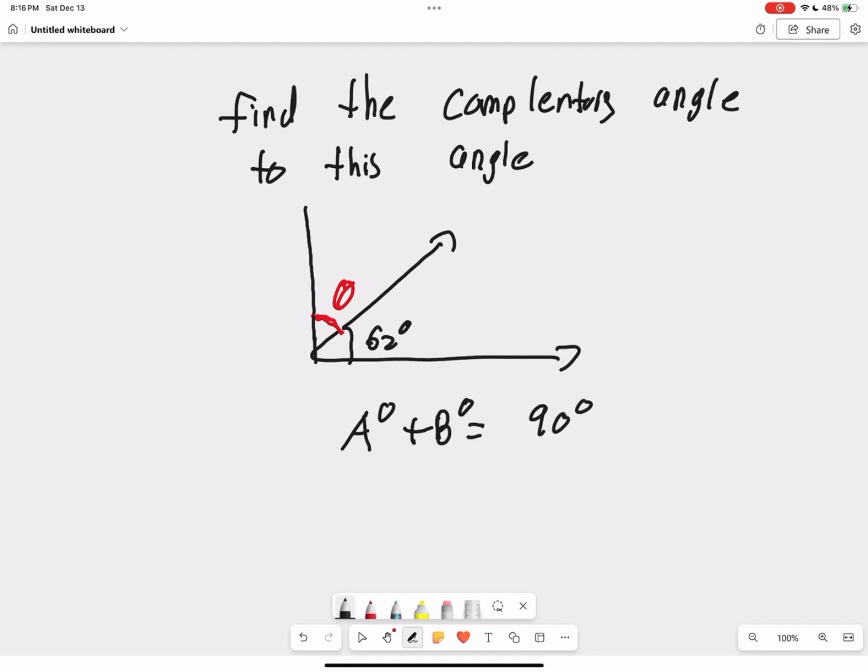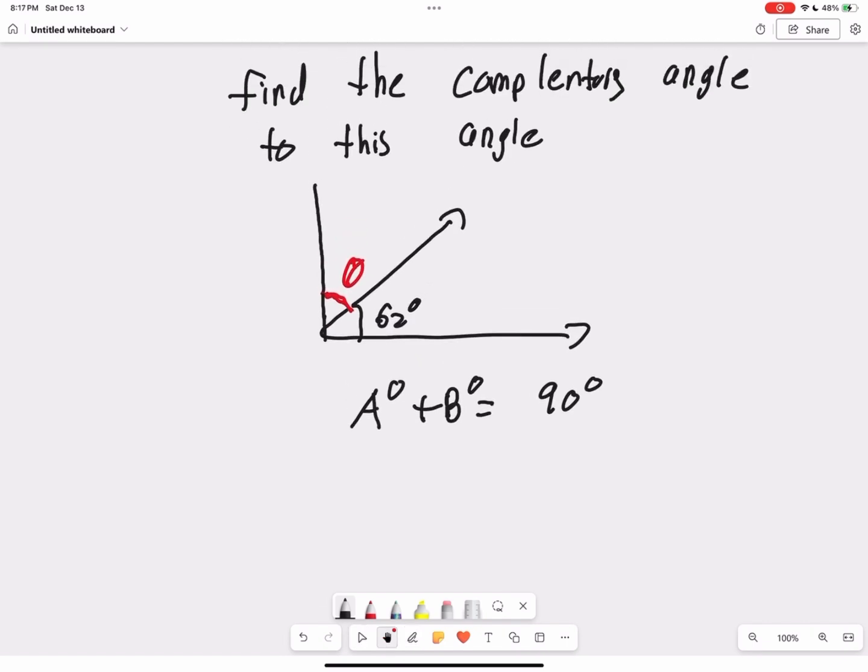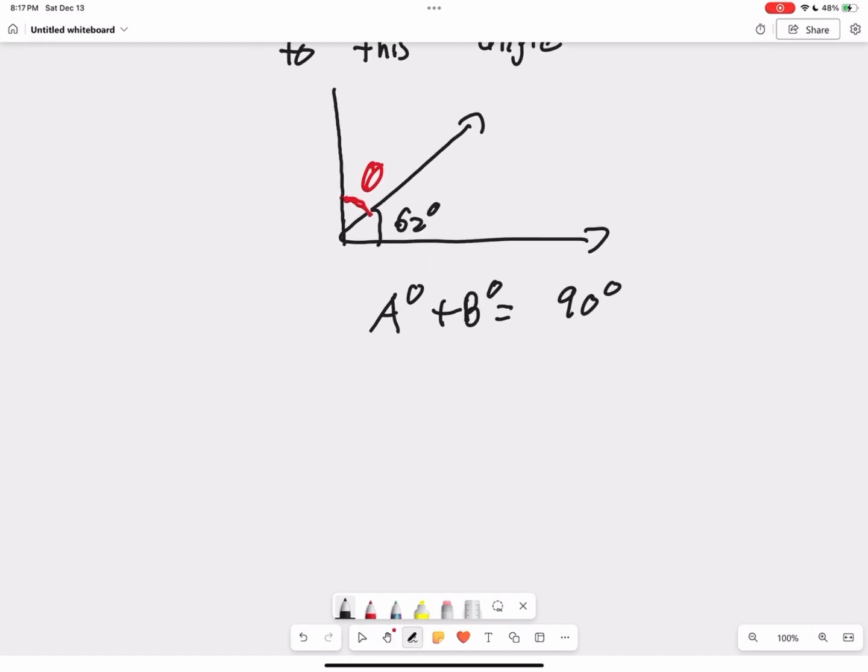It doesn't matter which variables you use, but if we at least know one of the pair, which is 62 degrees, we can find the other one, because a right triangle is always two smaller angles that add to 90. So let's call theta A and 62 degrees B. Let's just plug in.